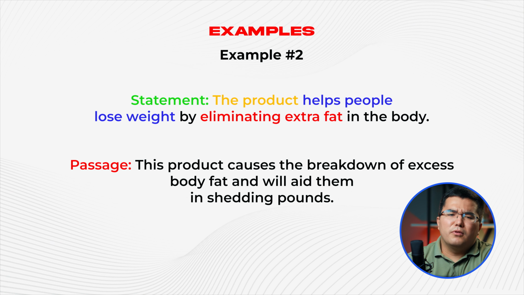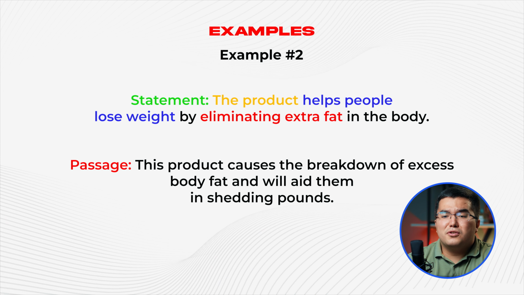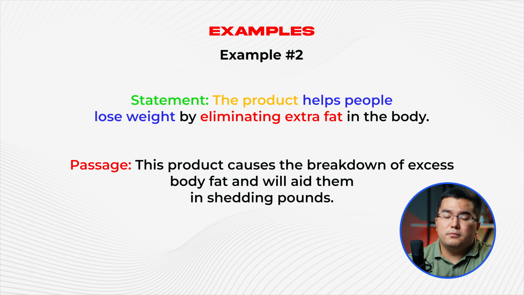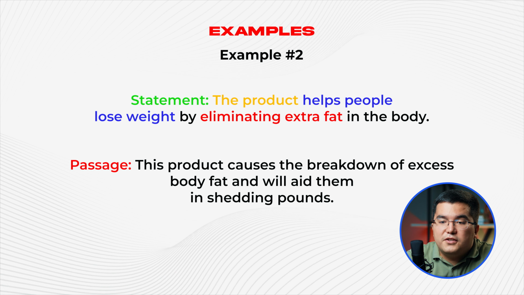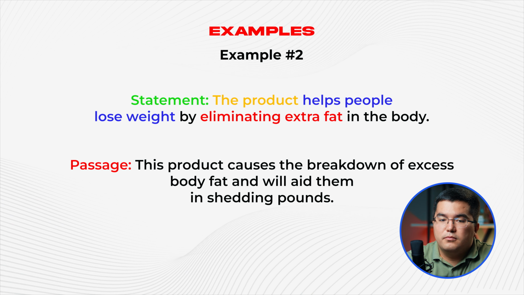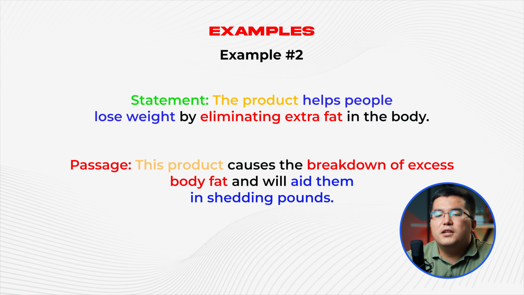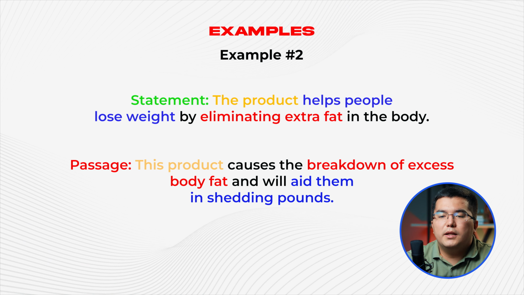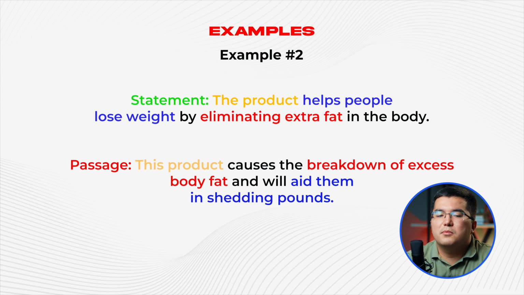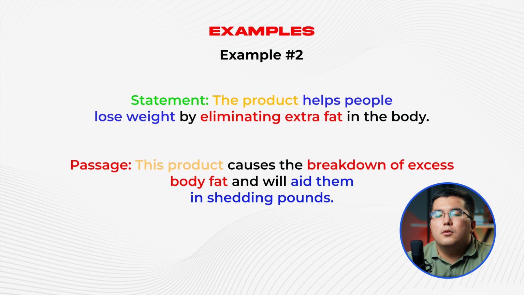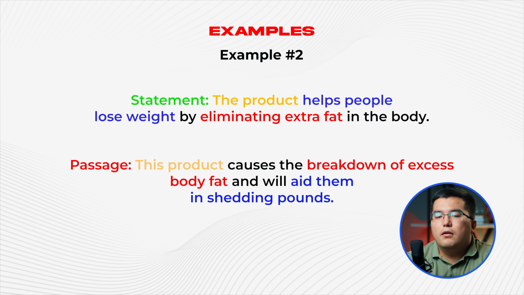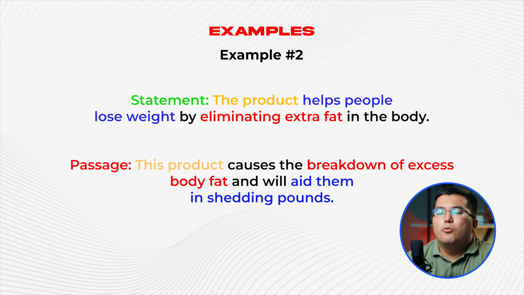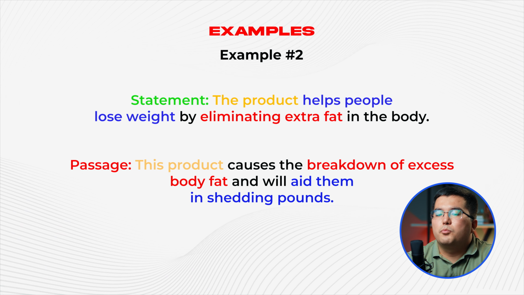I read it carefully. I say this product causes a breakdown of excess body fat and will aid them in shedding pounds. So what is a synonym for breakdown of excess body fat? When you break down something, you eliminate something, get rid of something, you see? Body fat, extra fat. This product, that product. What is synonym for aid? Helps.